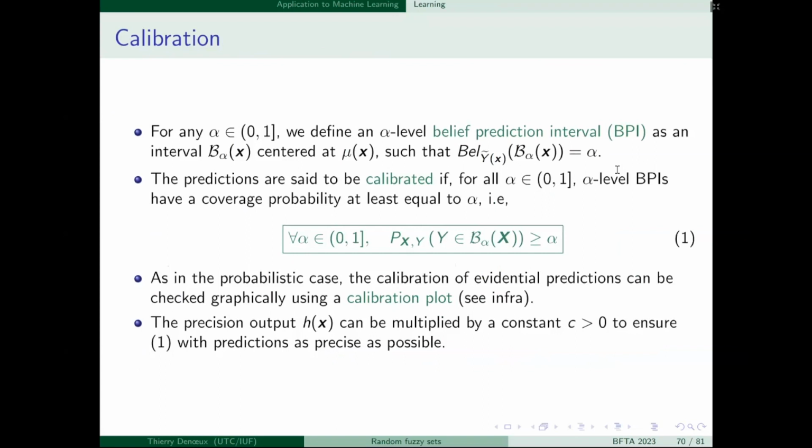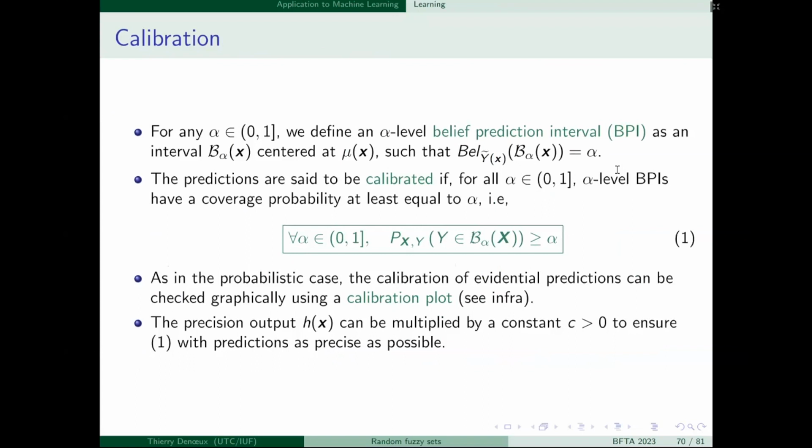That is to say, for whatever alpha, the proportion of time that the interval will contain the true y must be at least alpha.